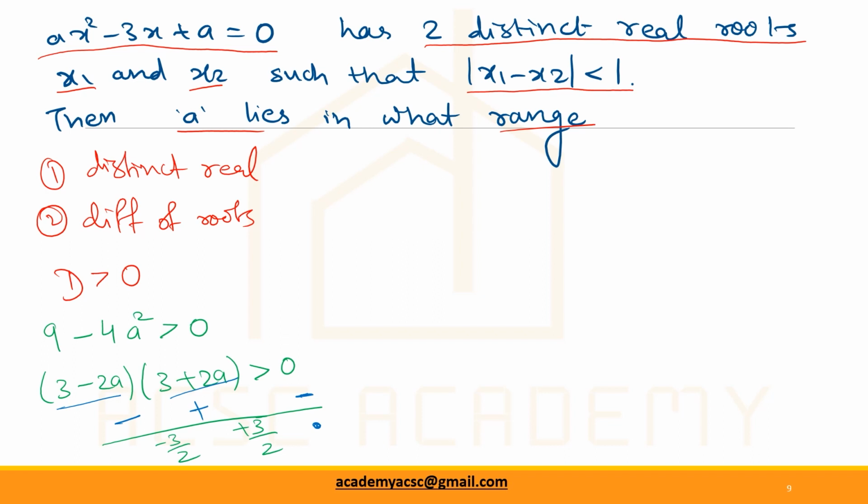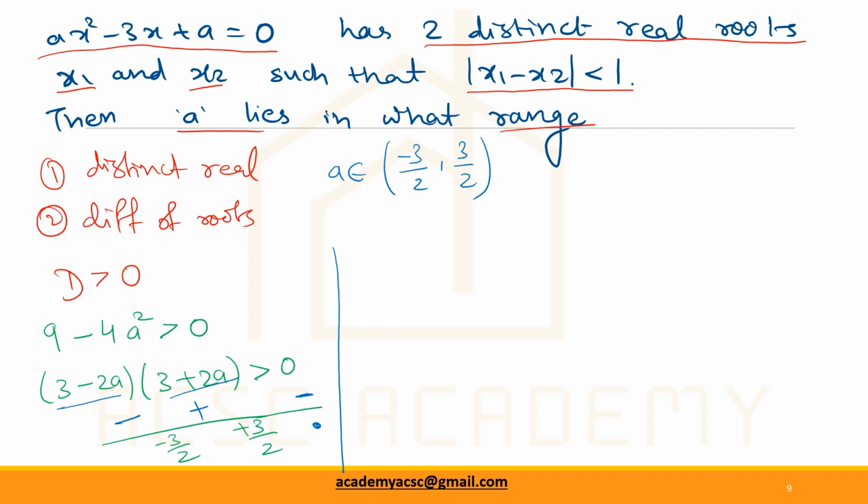And since we want the positive part, from this first condition we get that a lies in the range of minus 3 by 2 to 3 by 2. That is what we get from the first condition. We'll also find out from the second condition, and then we will take the intersection of the two.